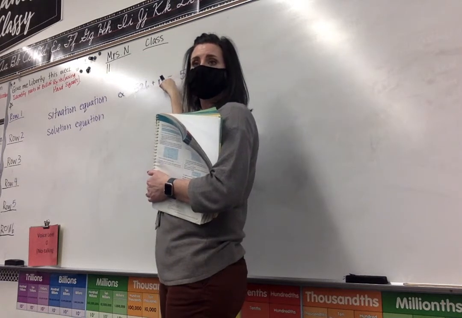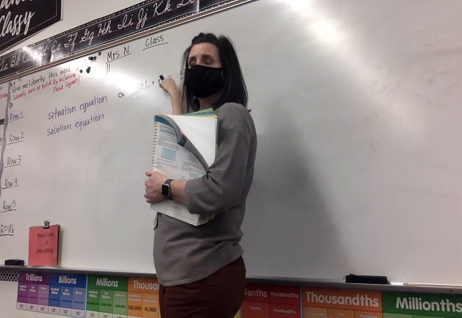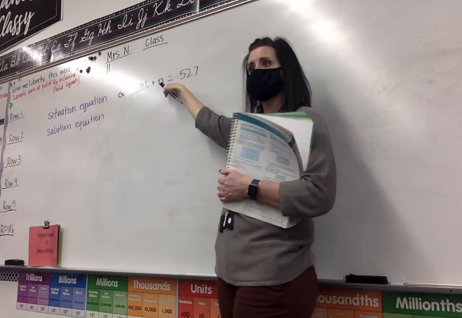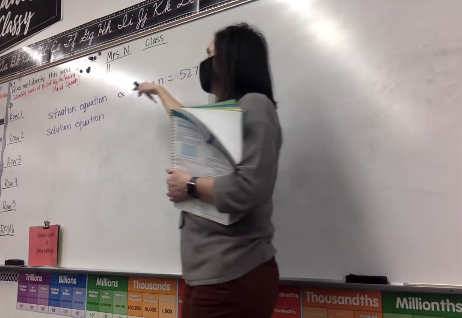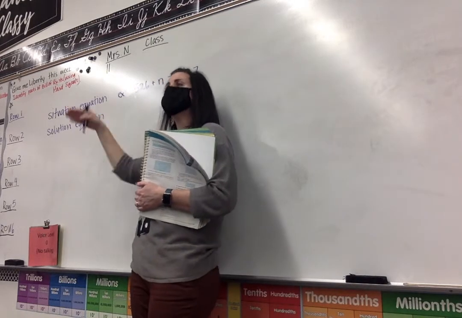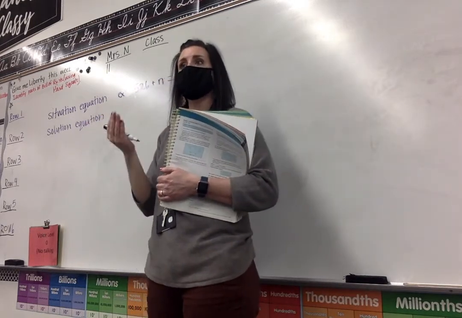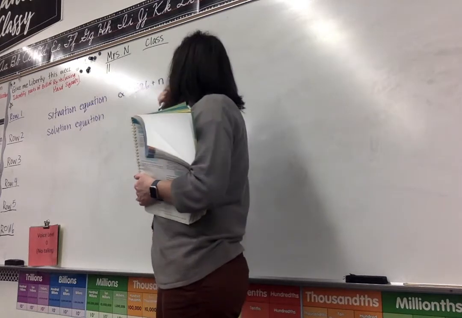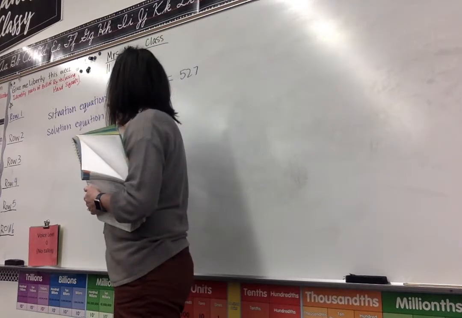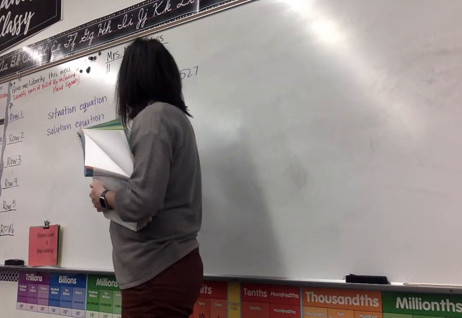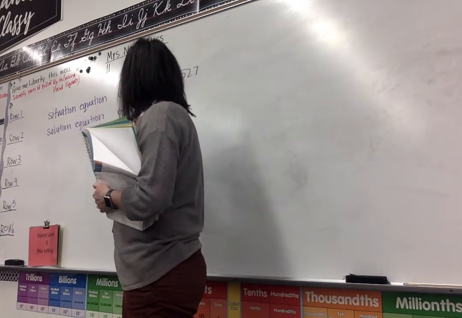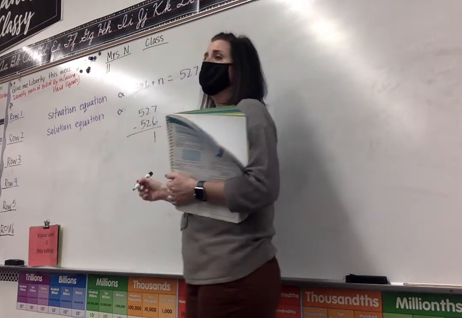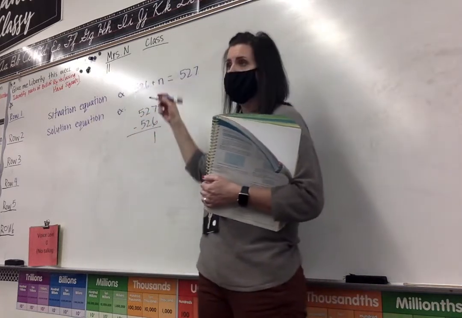The solution equation is the actual equation that we use to figure out what our variable is. In this case, we would have to do 527 minus 526 gives us 1, and then we know that our variable is 1.